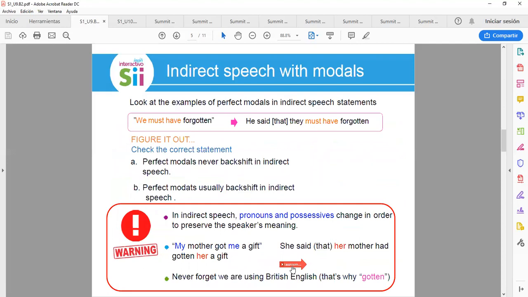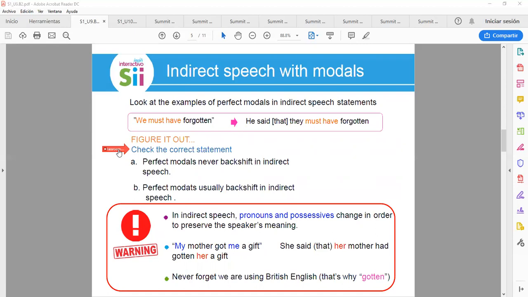Look at the examples of perfect modals in indirect speech statements. Example given: "We must have forgotten." Indirect speech: He said that they must have forgotten. Figure it out. Check the correct statement.